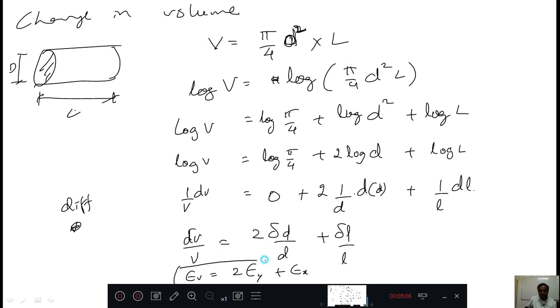You got an expression. If you want to write the change in volume expression, then delta V by V equals 2 times delta D by D plus delta L by L.